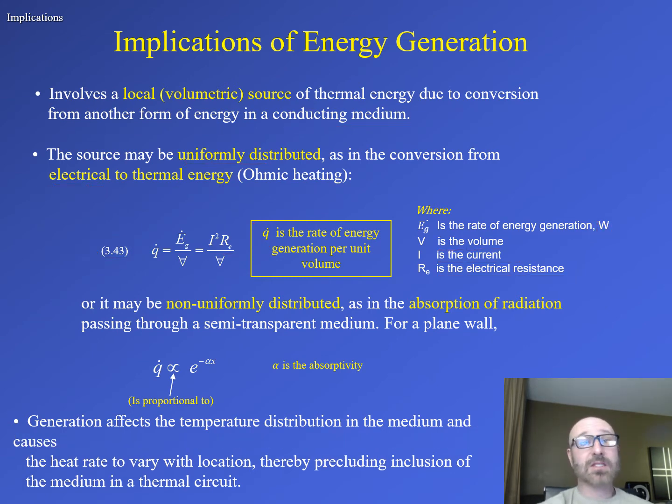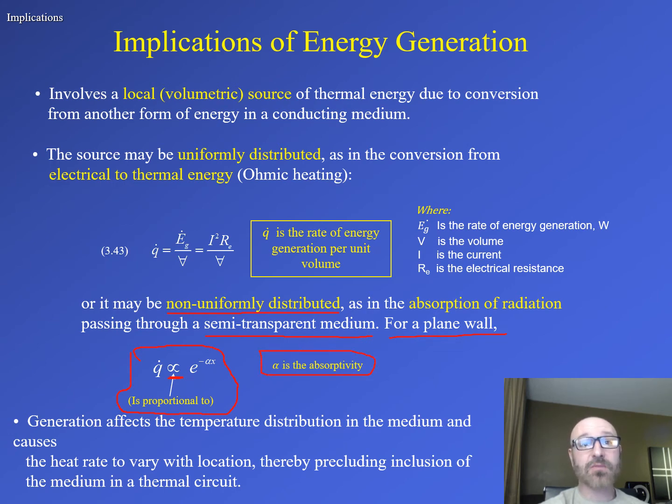Now, it may be the case that this is non-uniformly distributed, as in the instance of absorption of radiation passing through a semi-transparent medium. For a plane wall, we have this relationship: our q dot, or our rate of energy generation per unit volume, is proportional to e to the negative alpha x, where alpha is the absorptivity.